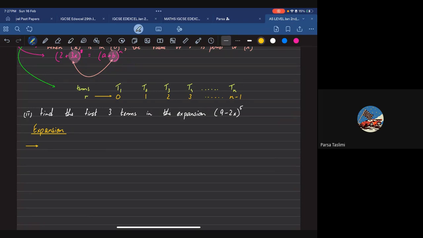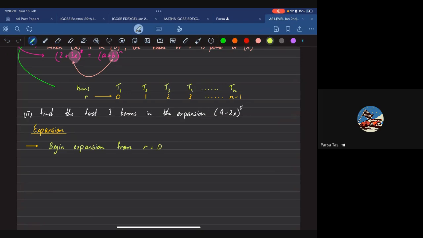One thing that you need to remember always is you are going to begin expansion of any binomial expression when r is equal to 0. So you're always going to begin expansion from r is equal to 0.